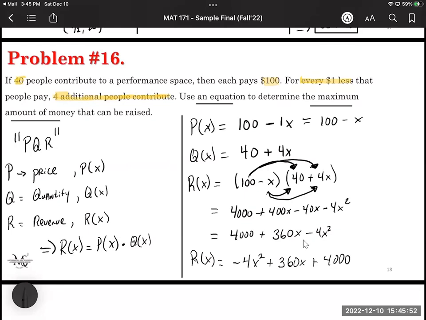Now this problem makes sense, that I'm finding a maximum here, right? Because what type of function is this revenue function? Quadratic? It's a quadratic. And how do I know it's a maximum? Well, what's the value of a in this quadratic function? -4. -4, and therefore the parabola of this quadratic should be opening down. So where would the maximum be located?